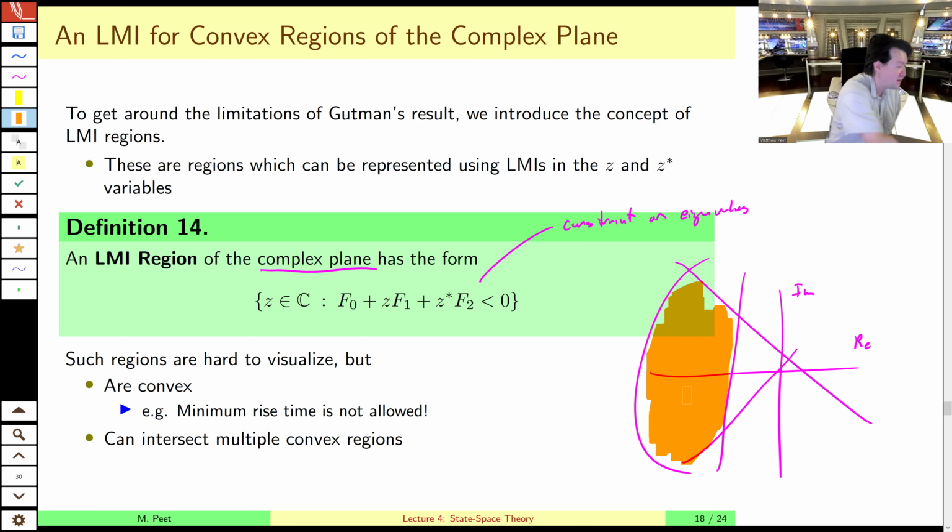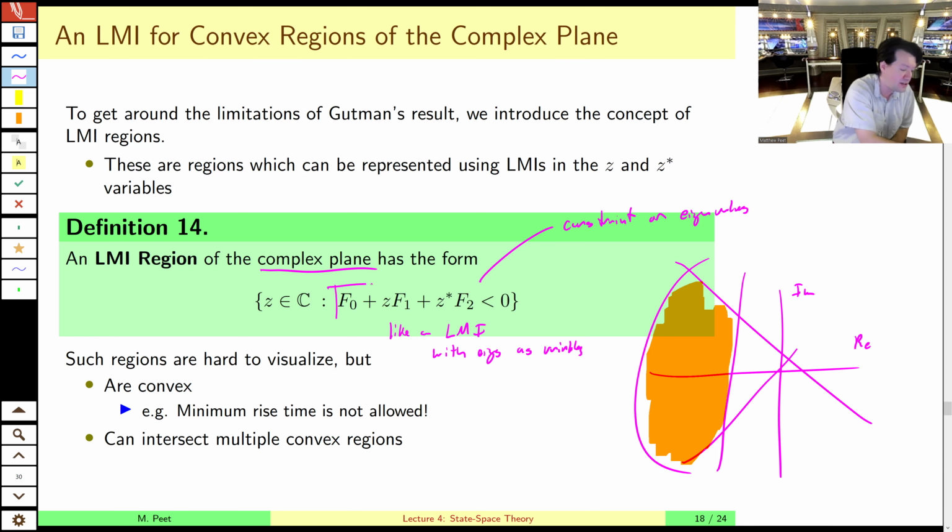So basically, it's like an LMI where the eigenvalues are the variables. So we haven't really talked about what the feasible region of an LMI looks like.